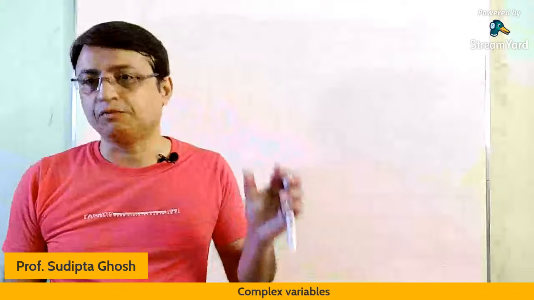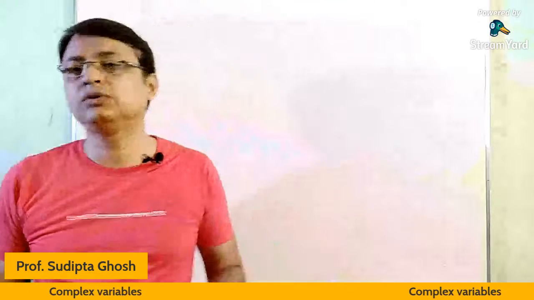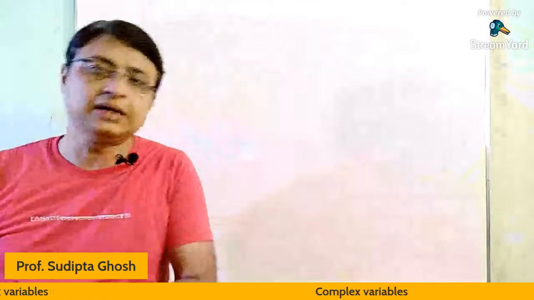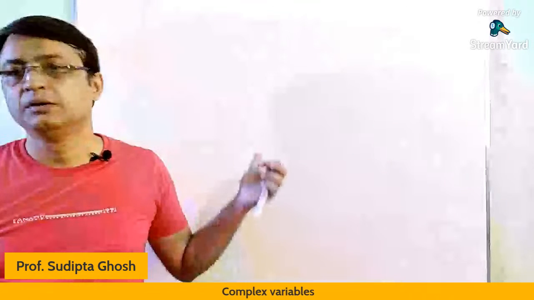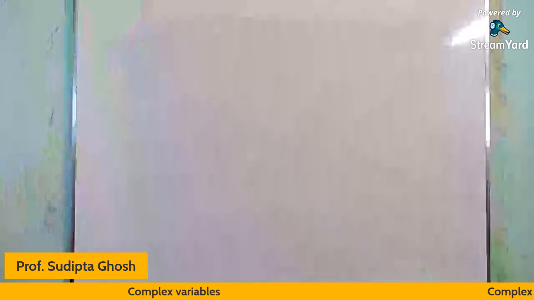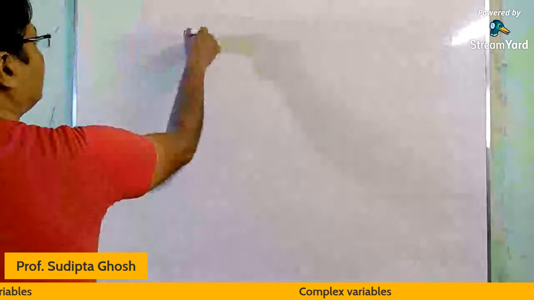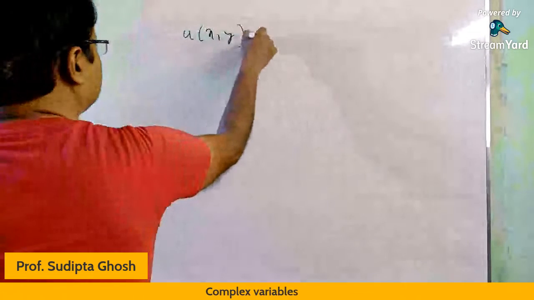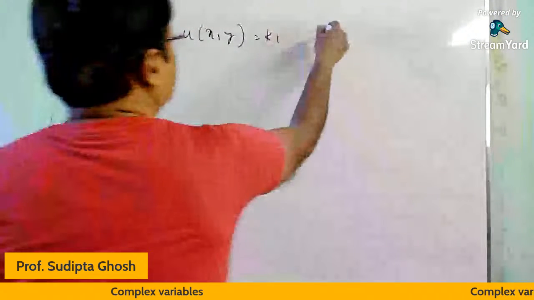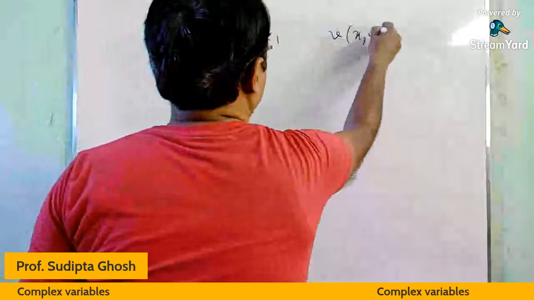And if we can find that m1 times m2 equals minus 1, then we can prove this statement. So the slopes of the family of curves u(x,y) equals k1 and v(x,y) equals k2.